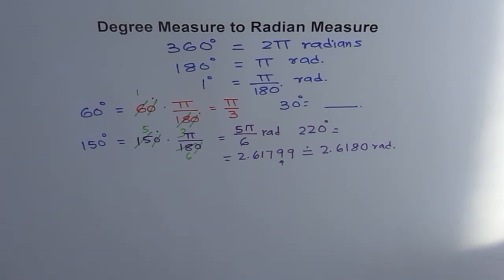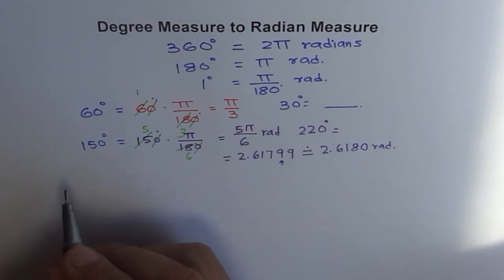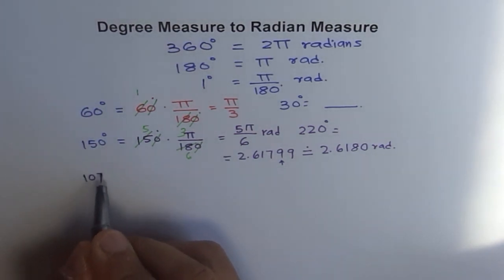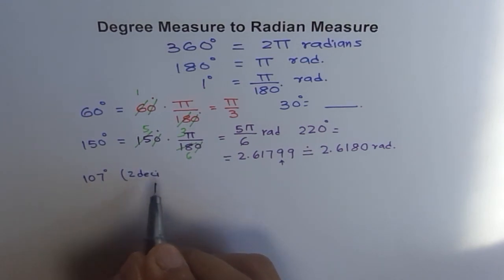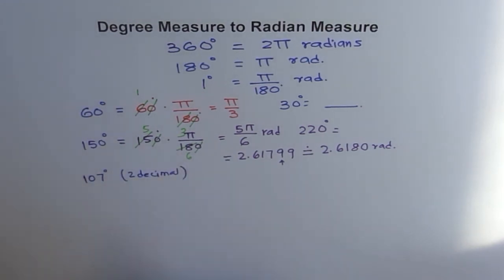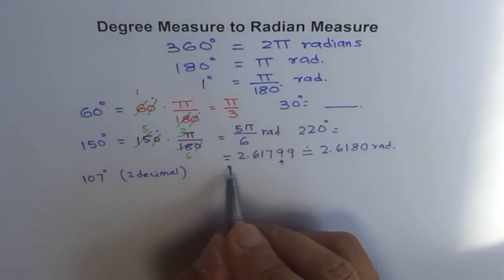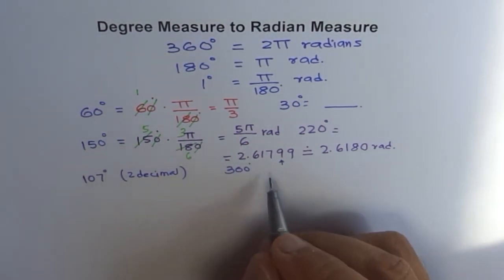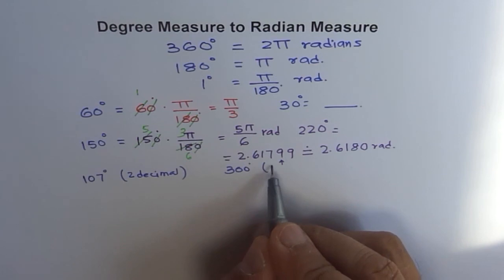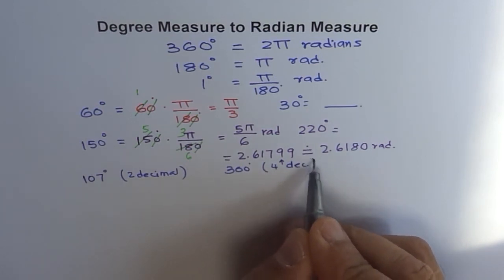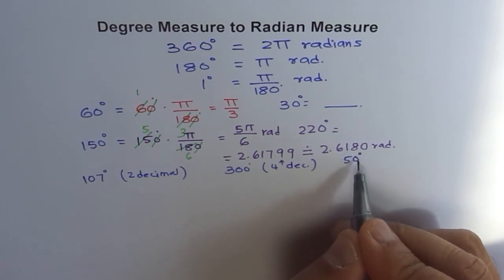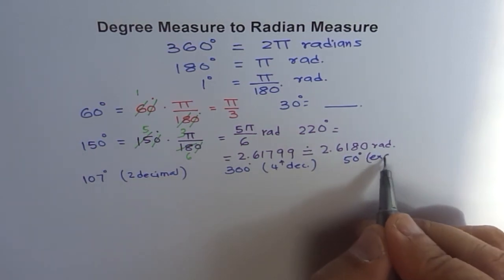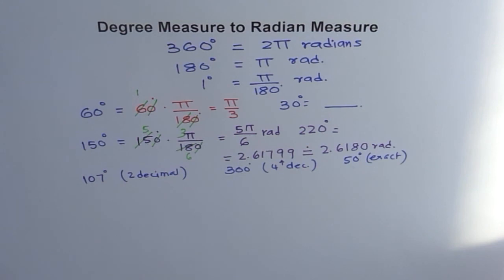Now, as an exercise, you can try and convert 107 degrees to 2 decimal places, and you can do 300 degrees to 4 decimal places, and you can do 50 degrees exact value. When I say exact value, it means you're expected to write in terms of pi.